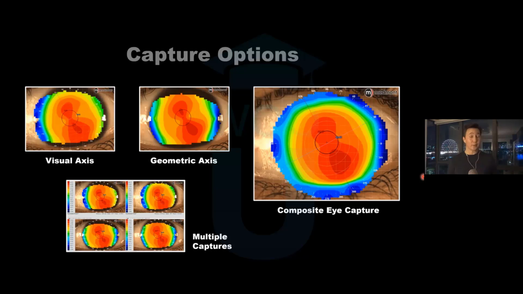What I would highly recommend is, if you are using a single capture, like a geometric capture, so you're taking one photo, you would do multiple captures in that mode, meaning you're going to take multiple readings with the same fixation. That way you can determine, are we getting the same shape 4 times over? Is it reproducible?